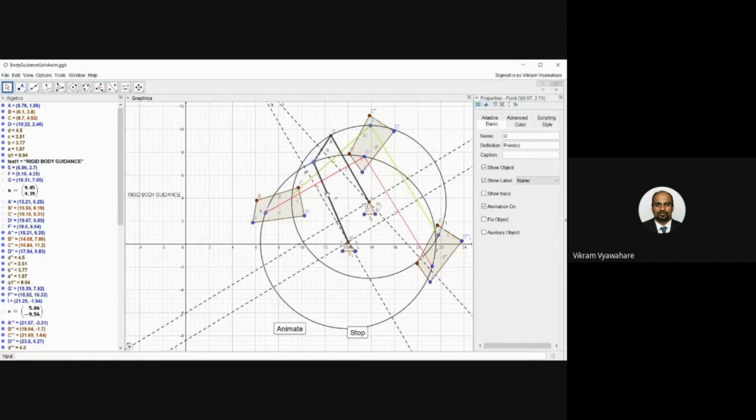You can see the first position and the second position. Clear?